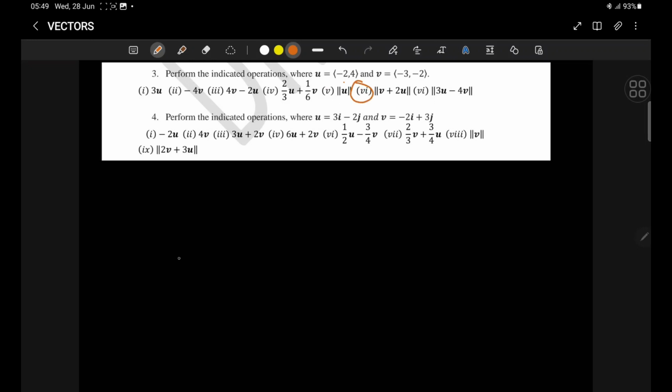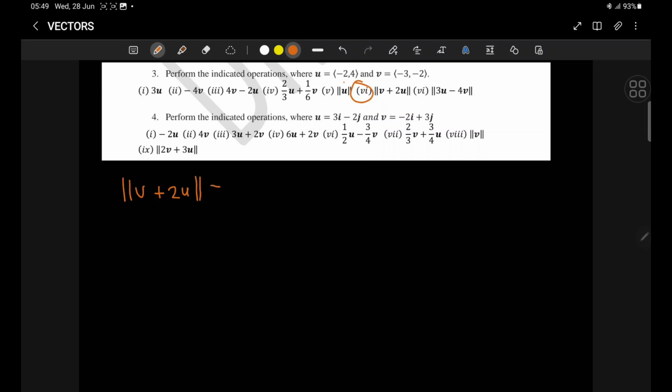Pick this one. So the question is expressed as, we need to find this vector. We need to perform the indicated operation. So we've been given the value for v, we've been given the value for u. So before we perform the magnitude, we first need to simplify what is inside.